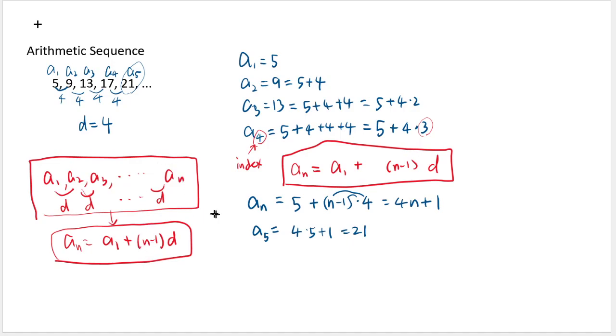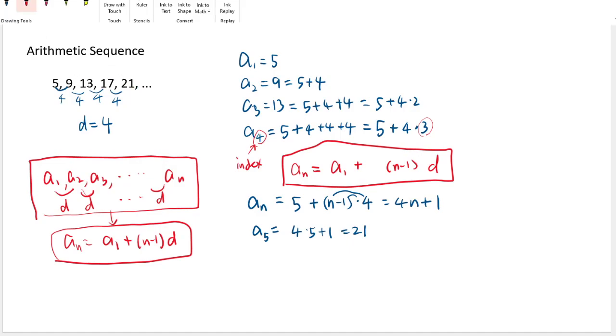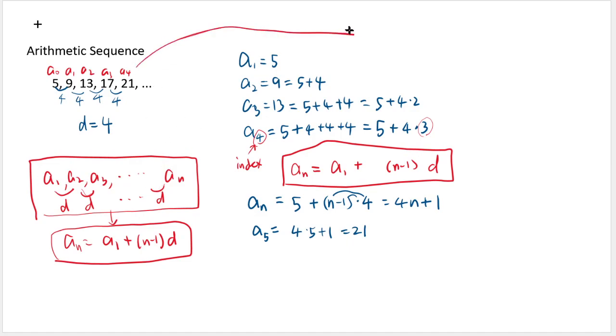And not only that, there are some cases where people just start with a0, so instead of this being a1 and a2, some people might call this a0, a1, a2, a3, a4. In this system, you have a0, a1, a2, and then all the way up to an.